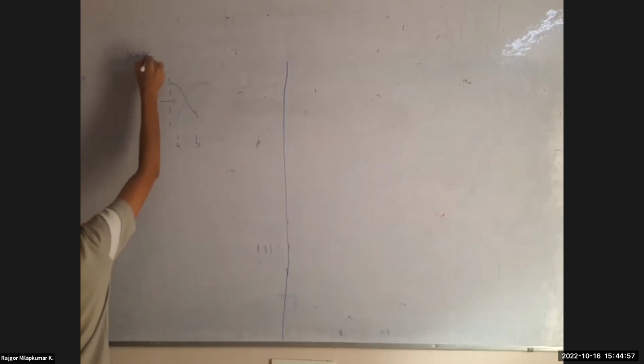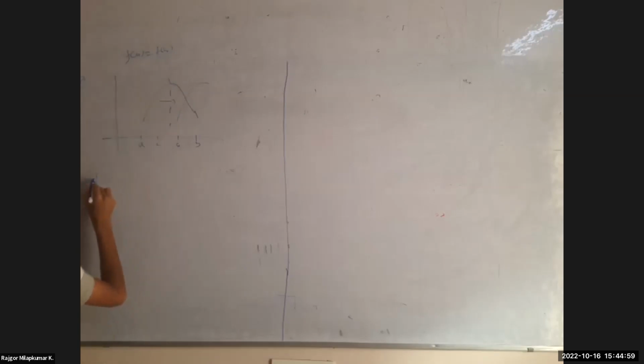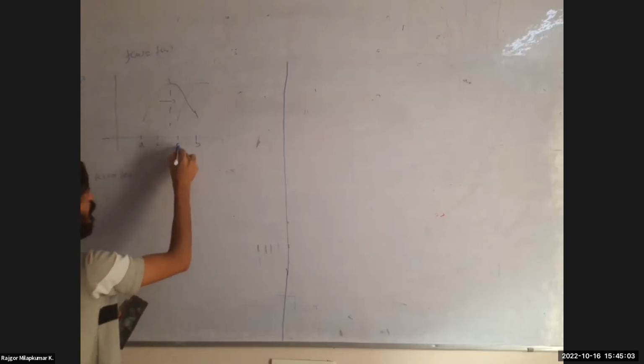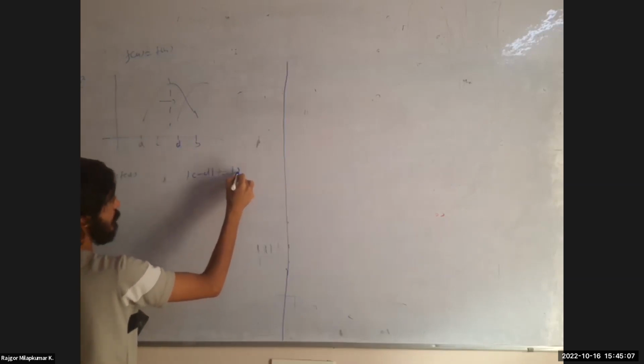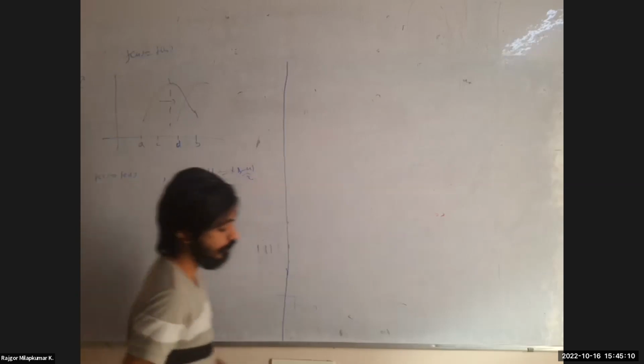We are given that f(a) equals f(b), and we want to get some c and d such that this condition happens, and the difference is (b minus a)/2.